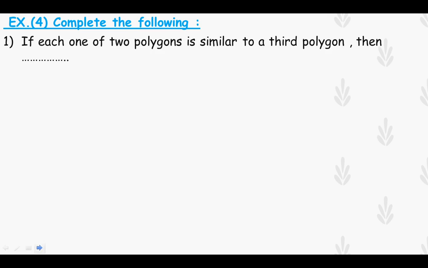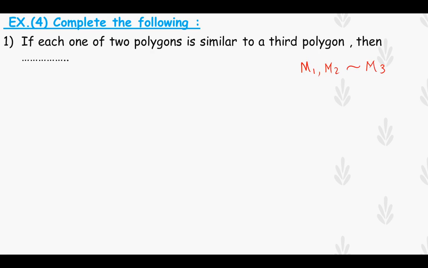Okay, let's go to another example. Complete the following. If each one of two polygons is similar to a third polygon, here he means that M1 and M2 are similar to M3.